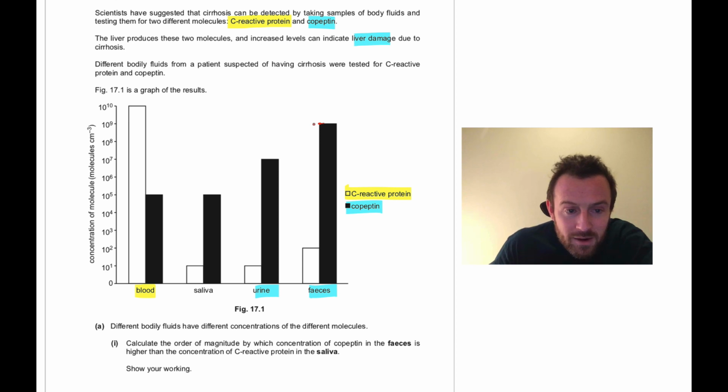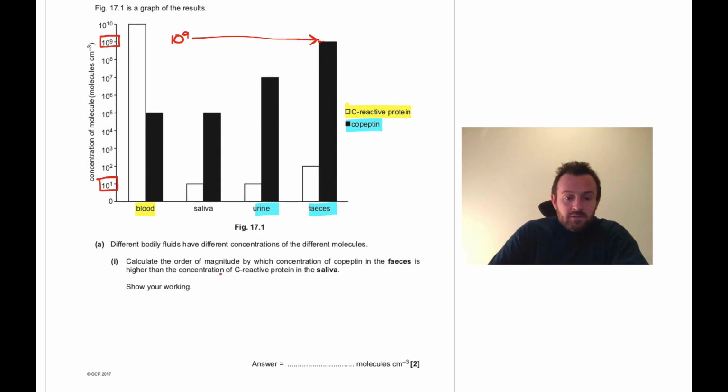Oh, and it's powers as well. Joy of joys. I'd love to test the maths here. This is about 10 to the 9. Okay? 10 to the 9. And the C-reactive protein in the saliva is 10 to the 1. Okay, well then it's 10 to the 8. So it's 10 to the 9 divided by 10 to the 1.